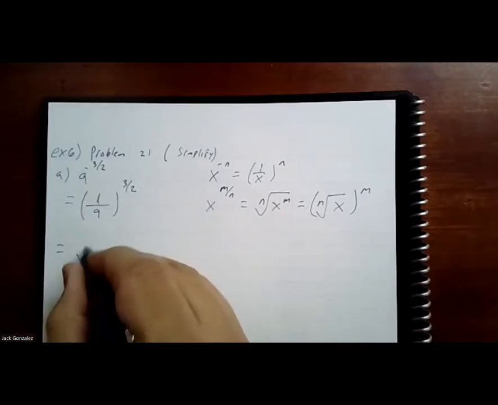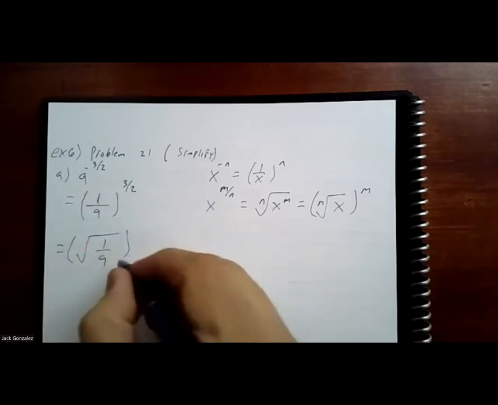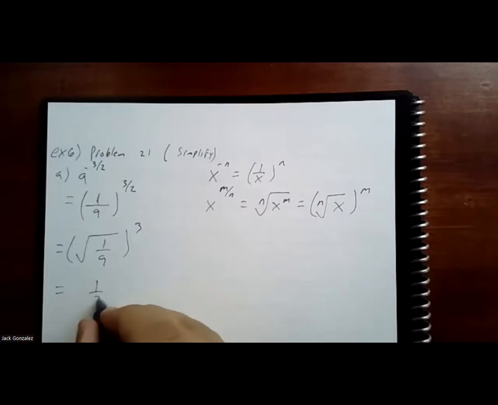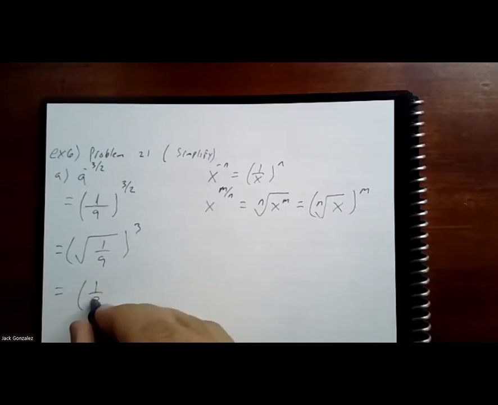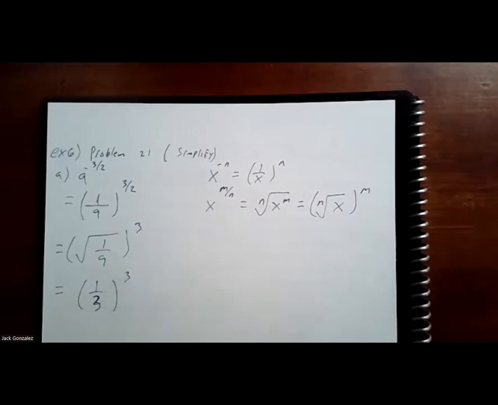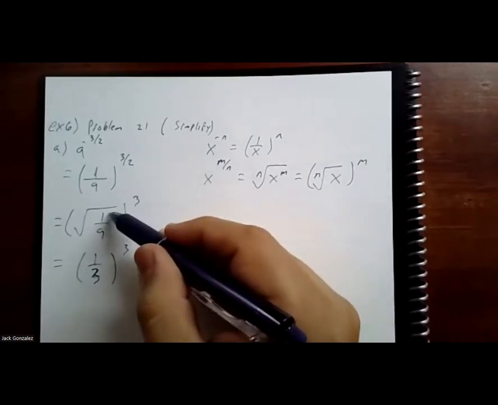So what we can do is square root 1/9 cubed. So that'll be 1/2. Oops, sorry, 1/3, right? Cubed. So if I square root 1, that's a 1.